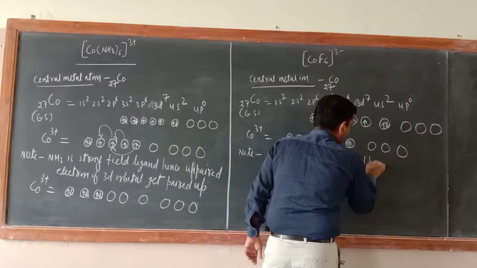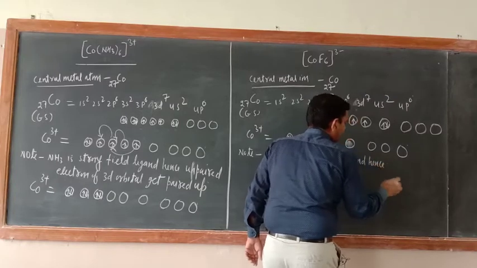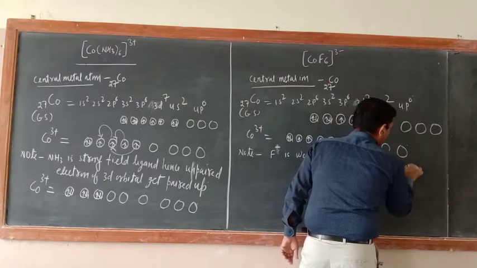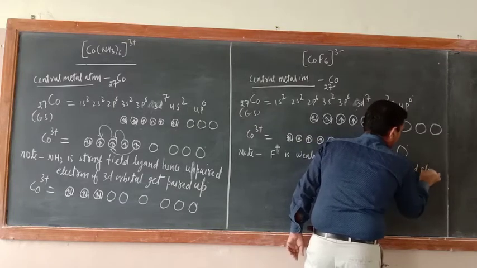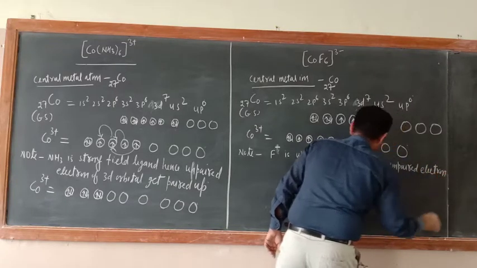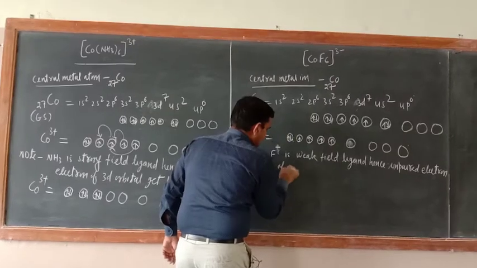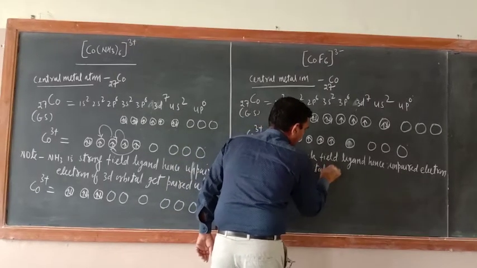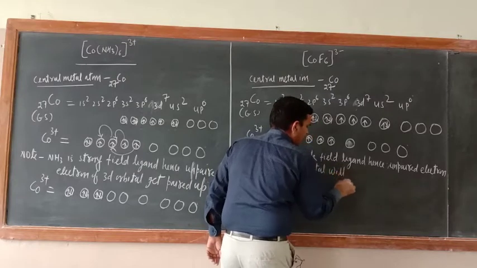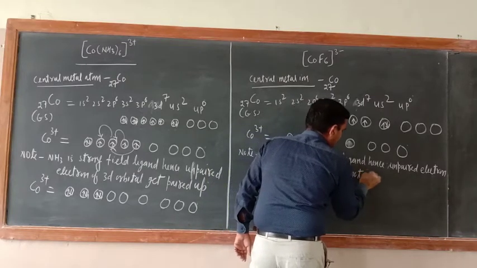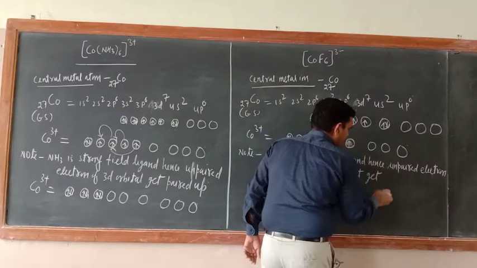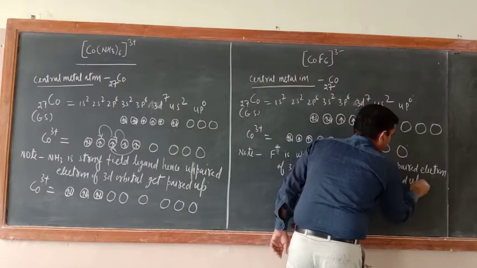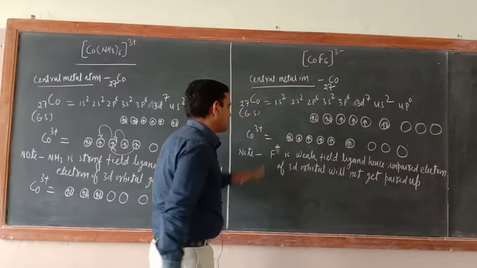Hence the unpaired electrons of the 3d orbital will not get paired up. Okay, so they will be as such.